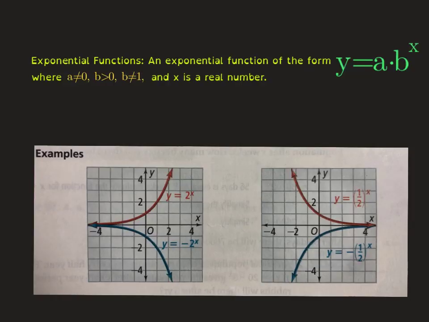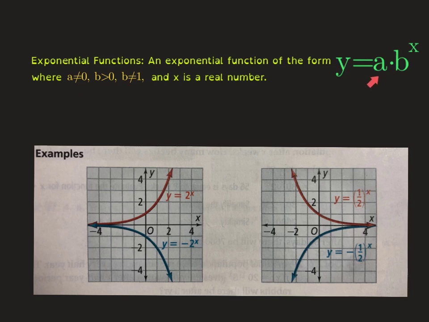So as we take a look, it says exponential functions. An exponential function of the form y equals a times b to the x, where a does not equal 0, b is greater than 0, and b does not equal 1. Let's talk about why a cannot equal 0.